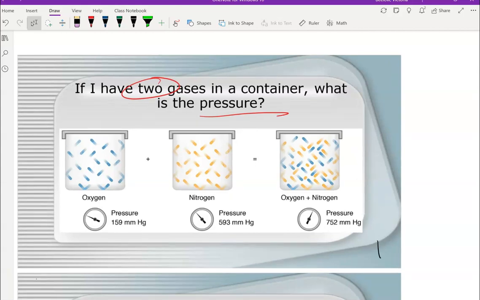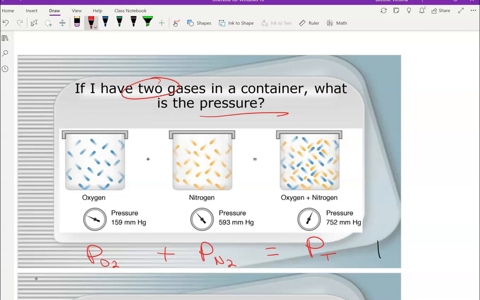Basically, your total pressure, which we're going to represent as P sub T, a P with the subscript T for total pressure, is going to be equal to the sum, adding up the pressure of each individual gas. So it could be like P1, or P gas. You could be more specific. I could say O2 and N2, okay?